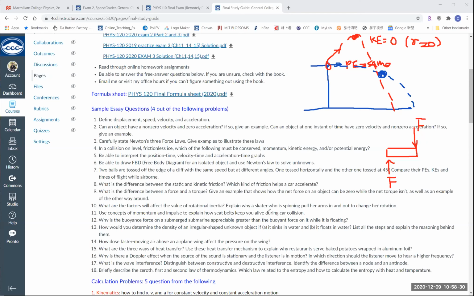Okay, seatbelt. This one is also your exam 2 problem. The key is the impulse is equal to the force times the time of the contact. Seatbelt gives you more time of contact. The momentum or the impulse is going to be the same when you have a collision, and that one is not going to change.